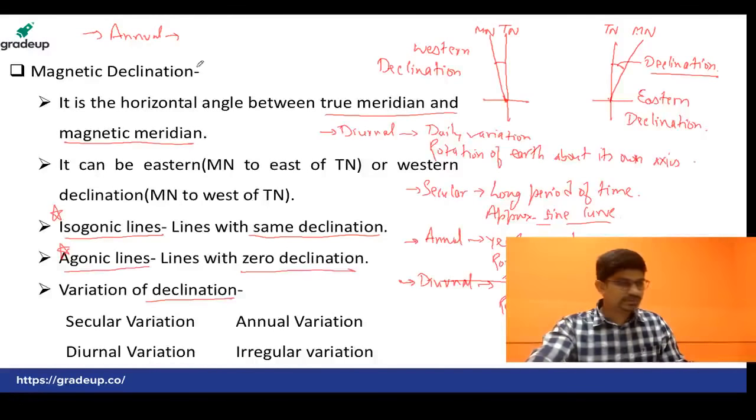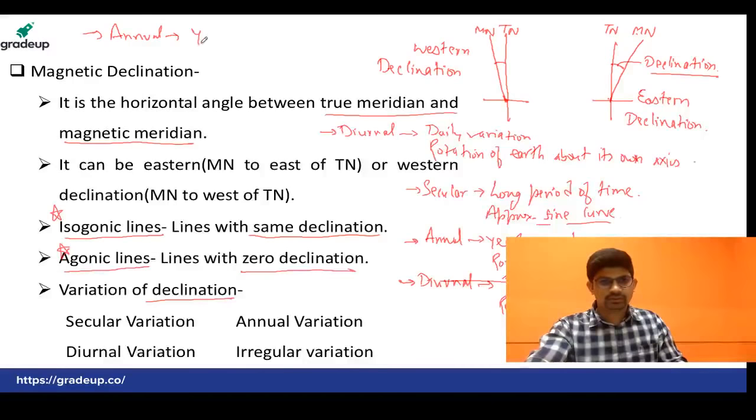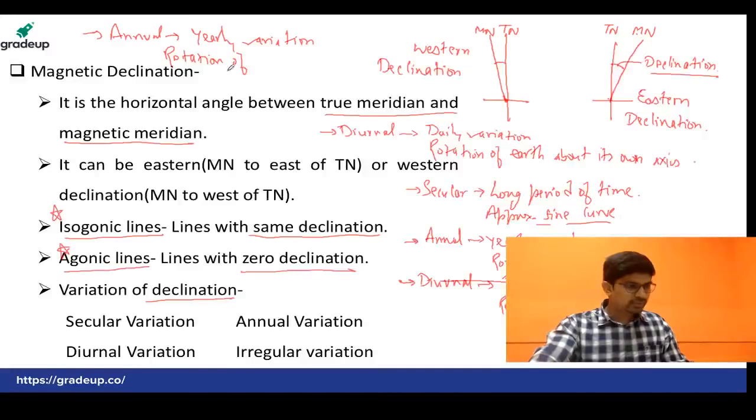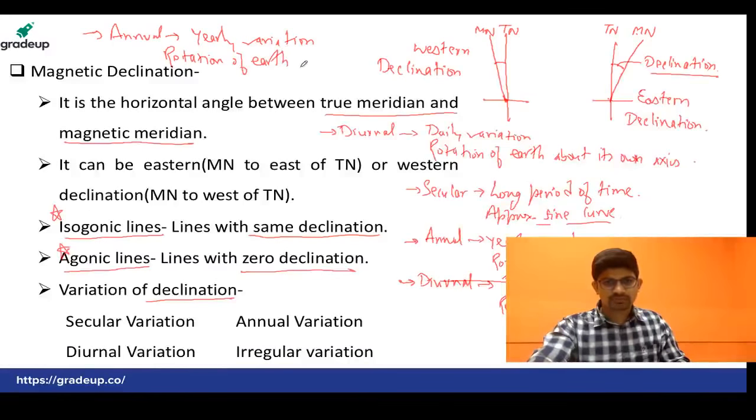It is yearly variation, due to rotation of earth around the sun. Yes, Akhil, I am taking care of it. Do not worry. Concentrate on the studies.